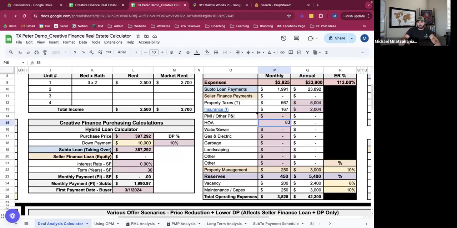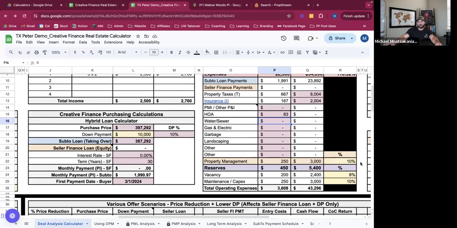So HOA 83. Because it's a VA loan, even if they have little to no equity, there is no private mortgage insurance, PMI. That would happen if it was a conventional loan with a low down payment or an FHA loan. But in this instance, because it's a VA loan, there is no PMI, which is one of the benefits of VA loans. Because it's a single family home, we're going to assume all the utilities are covered by the tenants.